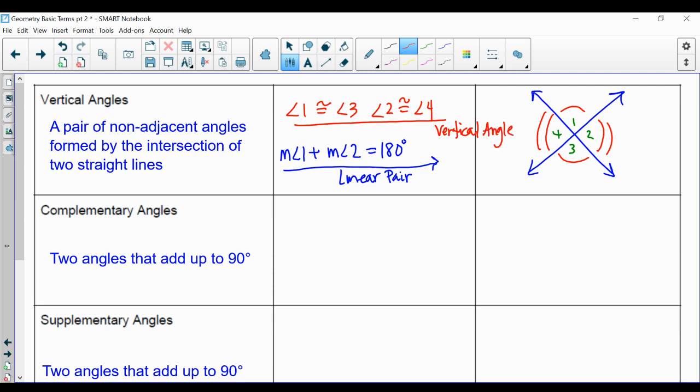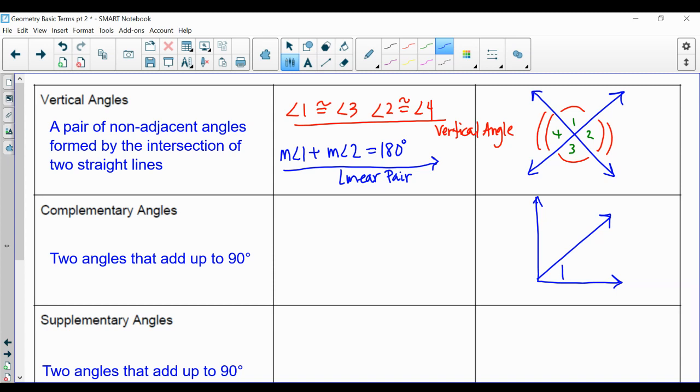Okay, so the last one, complementary angles. Complementary angles are two angles whose sum adds up to 90 degrees. Here I'm going to draw my angles.